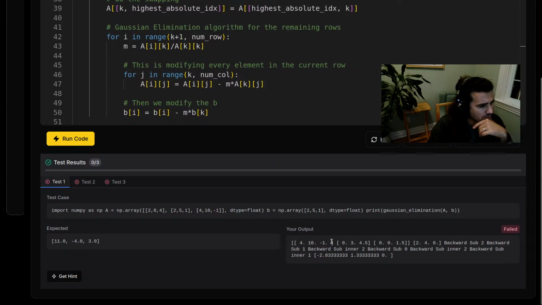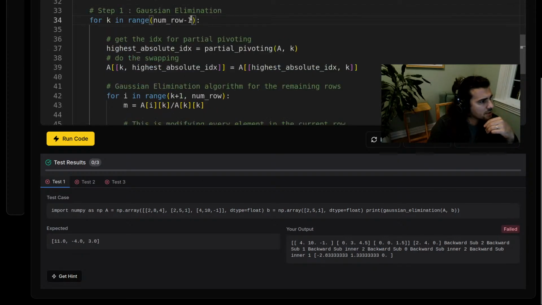What do we have? 4, 10, minus 1, 0, 3. No, it shouldn't change anything here. Because anyway, no, I don't think it's that. It will not change a thing.